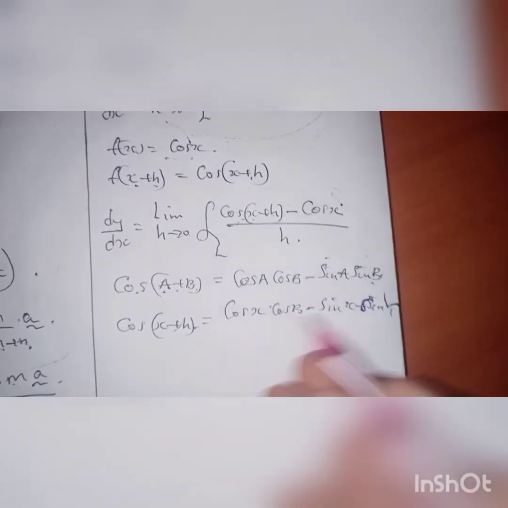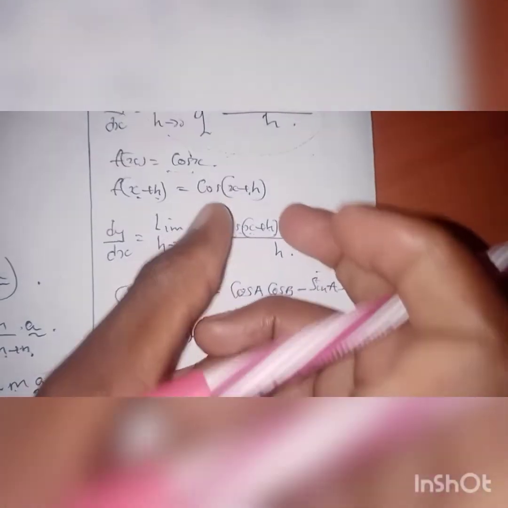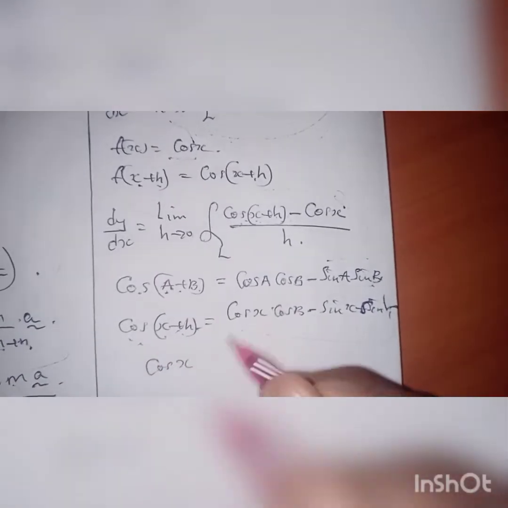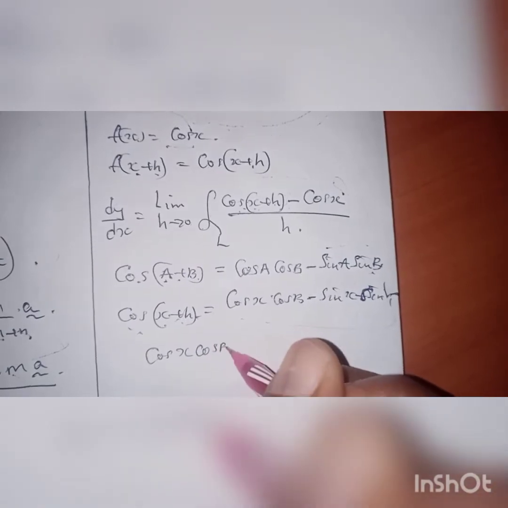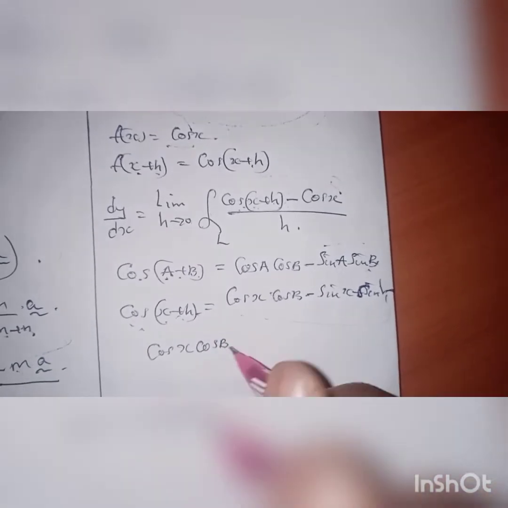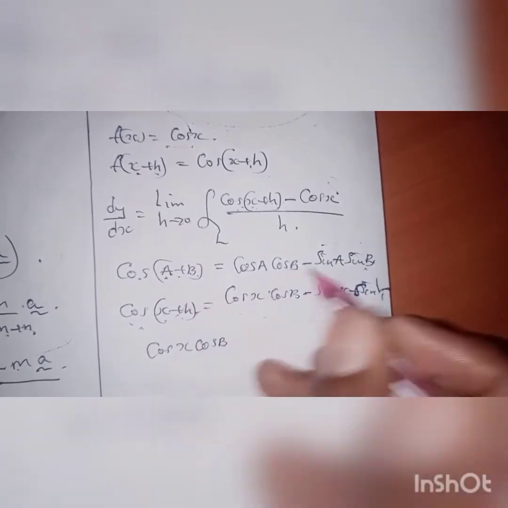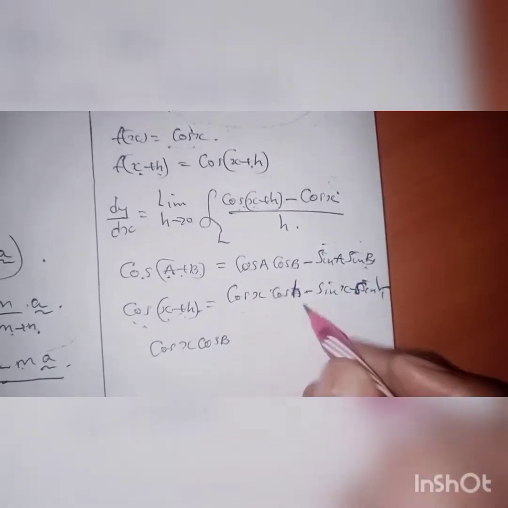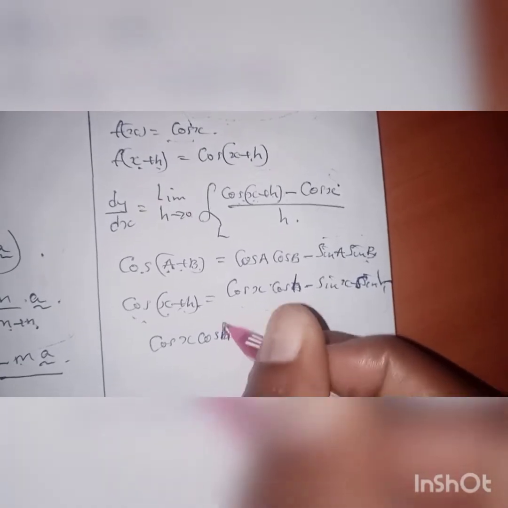Therefore, we have our expansion. Just take this expansion and substitute it there. Instead of writing cos of (x plus h), let's write our expansion. So cos x, cos b, not cos b, but cos x cos h. I'm sorry for that, my subscribers and my viewers.